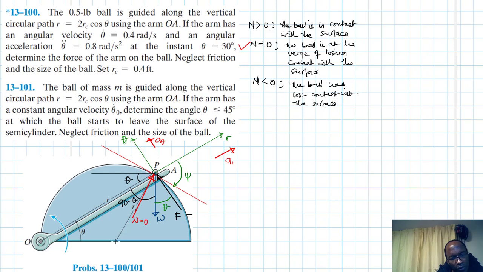One component will be along this direction, and the other one will be along this direction. So this one is just W cos theta, and this one is W sin theta.